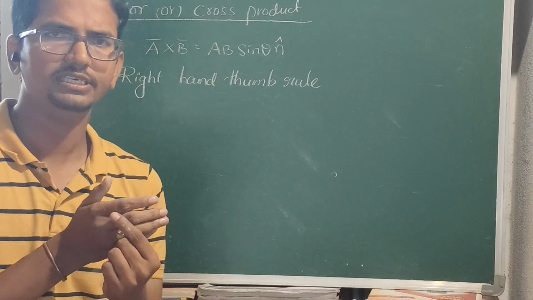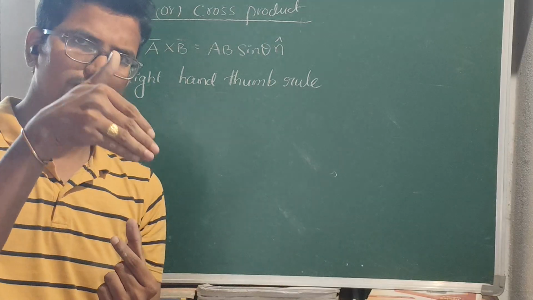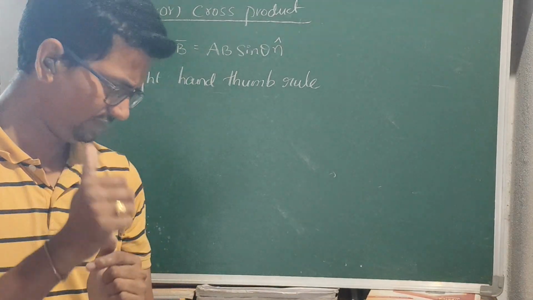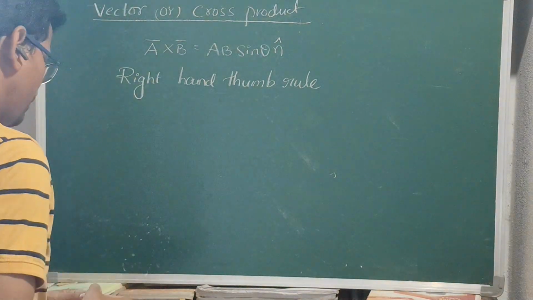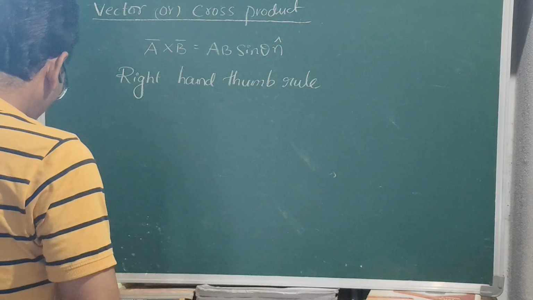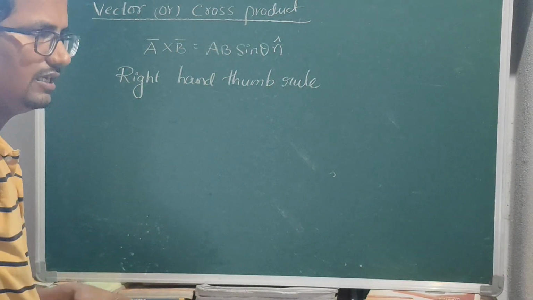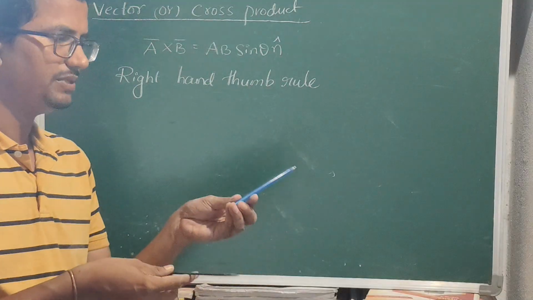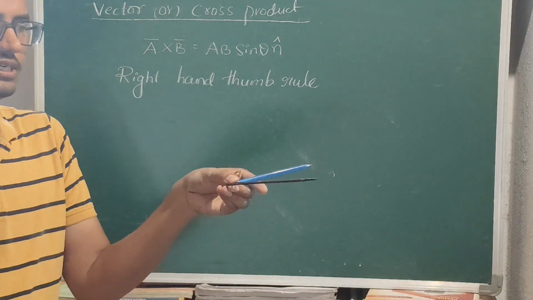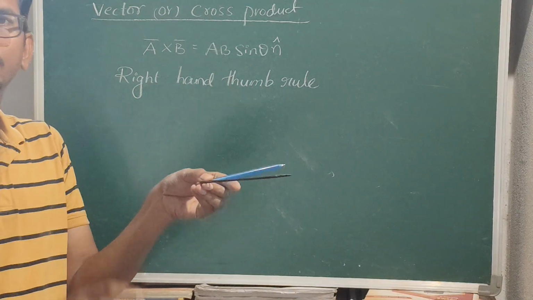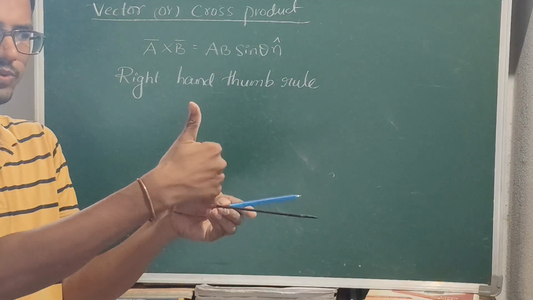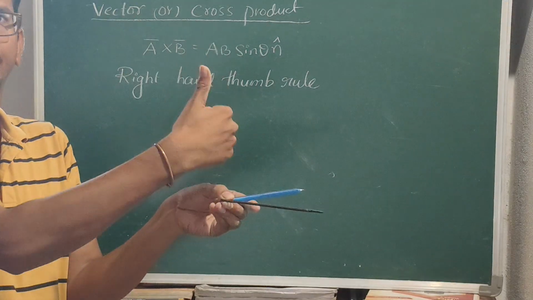Some vectors will be given, and based on the situation, the direction can be indicated by the thumb. For example, two vectors A bar and B bar. From A bar to B bar, the thumb shows the upward direction.